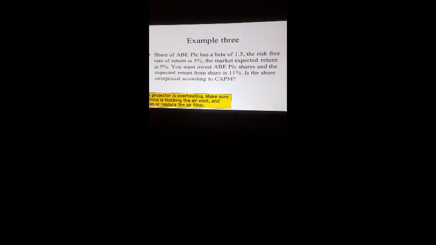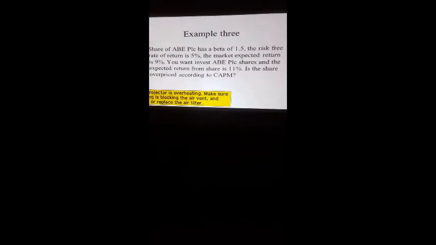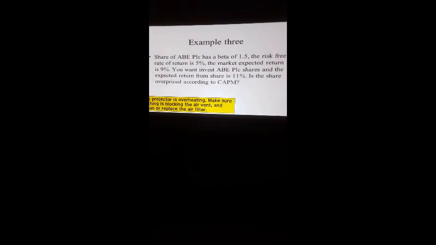We are illustrating example number 3, which says that the share of AB PLC has a beta of 1.5, the risk-free rate of return is 5%, and the market expected return is 9%.